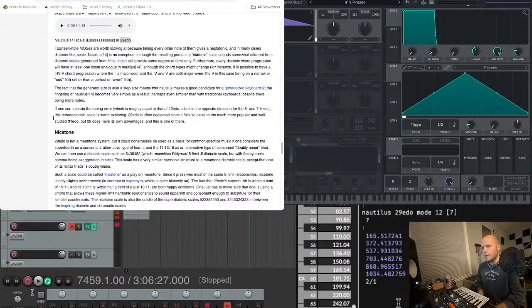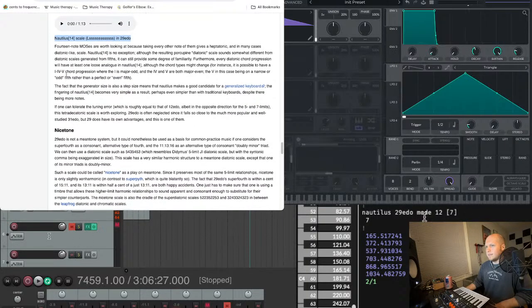And you can get a lot more notes than just the notes we normally hear. But yeah, if you have any questions or anything, feel free to ask. But in the meantime, I'm gonna keep going. So yeah, we settled on a 7-note subset of this Nautilus 14 scale, which, as I was just explaining, the full thing is this pattern.